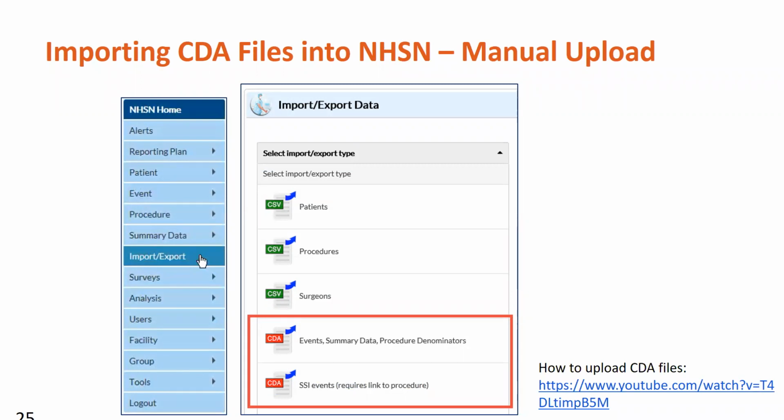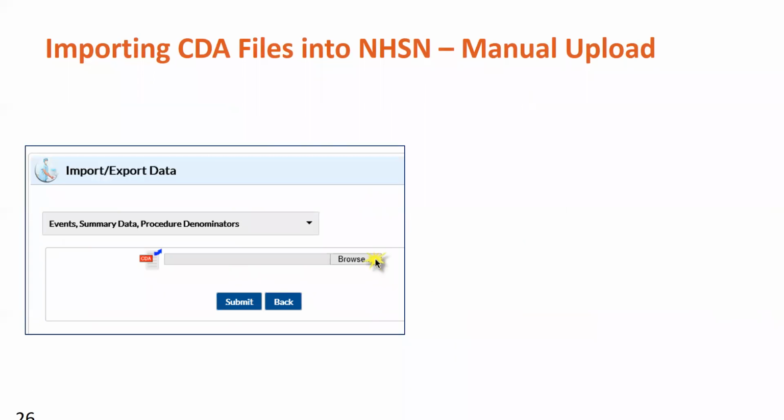From the NHSN navigation bar, that blue bar on the left, you would click Import Export. Then on the Import Export Data screen, there are two options. You would always pick the events, summary data, and procedure denominators, since AU are considered summary data. Then on the next screen, I would browse for my file.